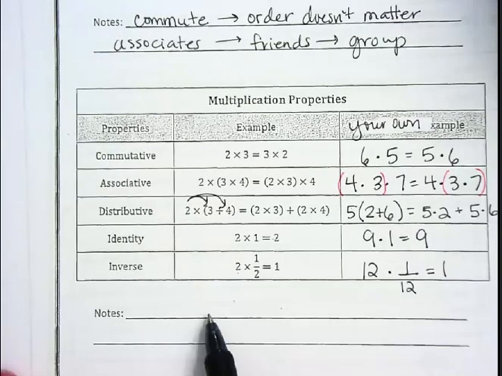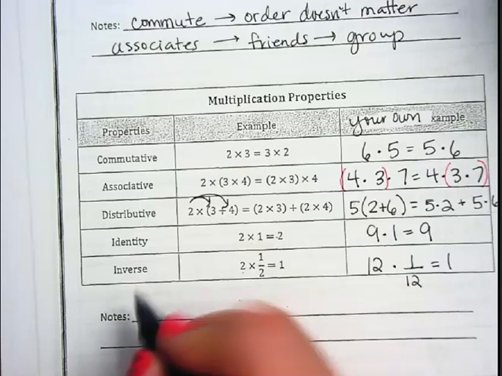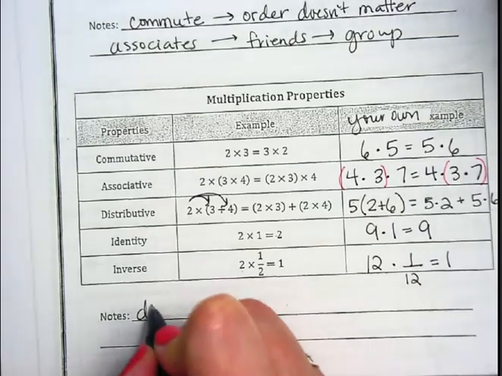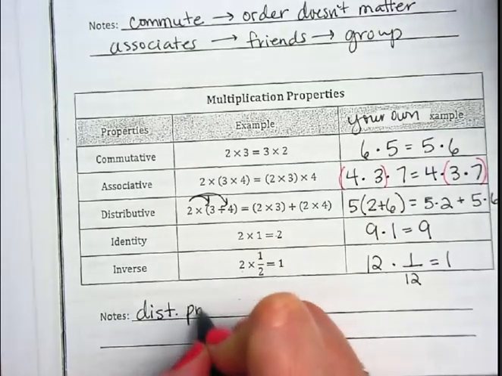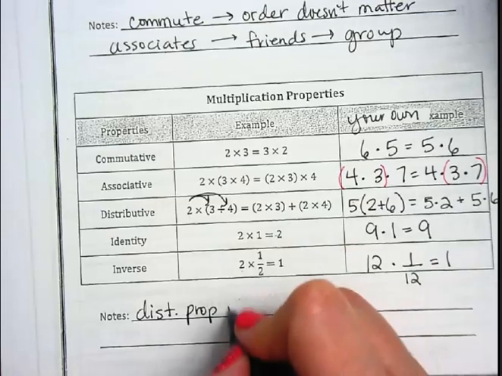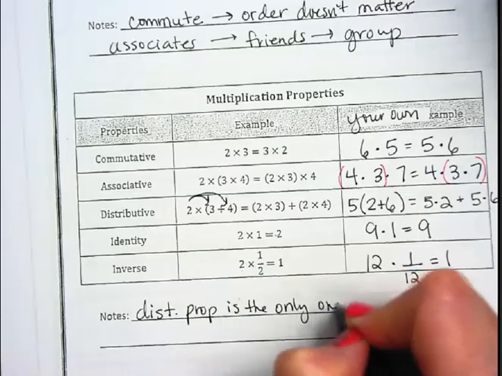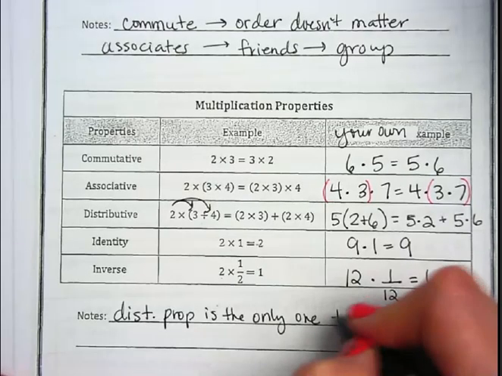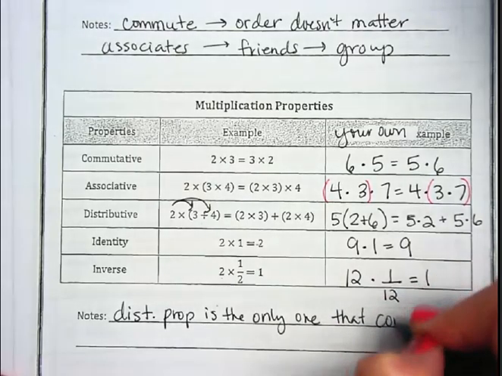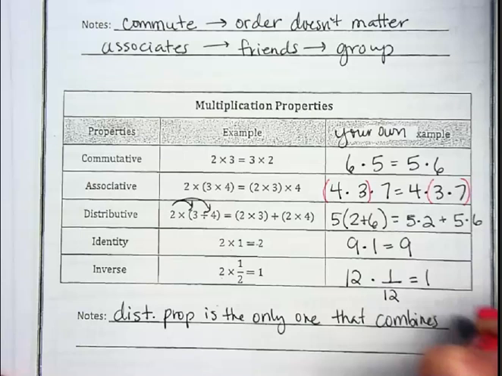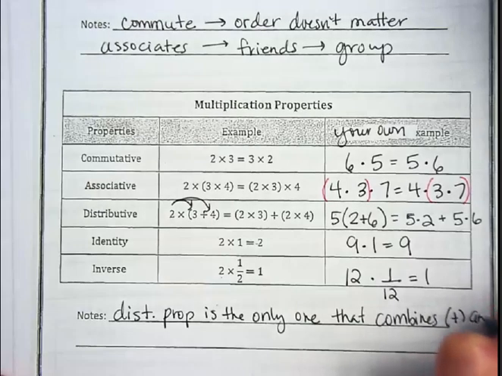So some notes I want you to write down here are this. Distributive property is the only one that combines adding and multiplication.